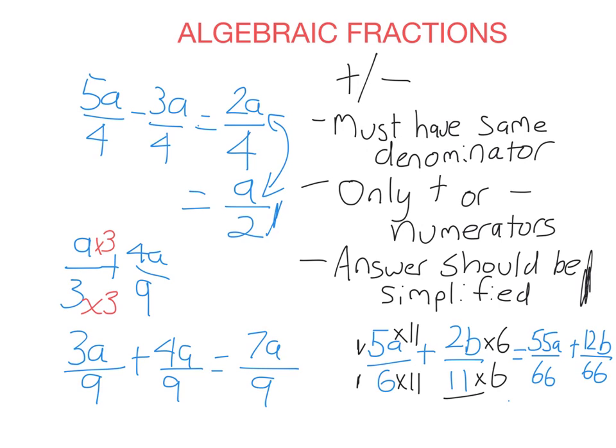So now I can just add the numerators together because the denominator is the same, and I get 55a plus 12b all divided by 66. I can't simplify this any further because there is no common factor with everything on the top shared with everything on the bottom. There's nothing that goes into 55a plus 12b as well as 66.